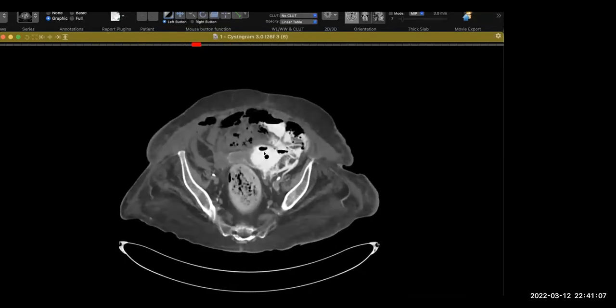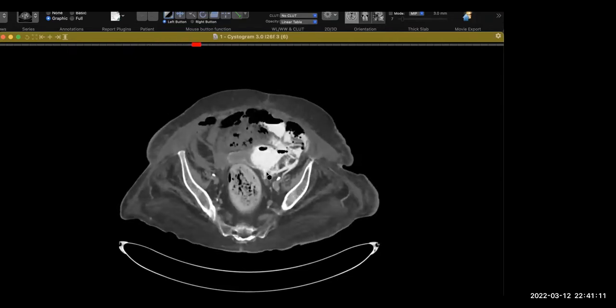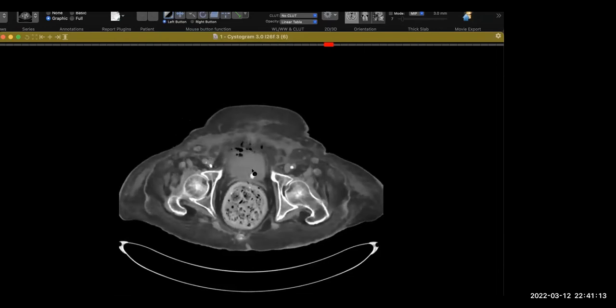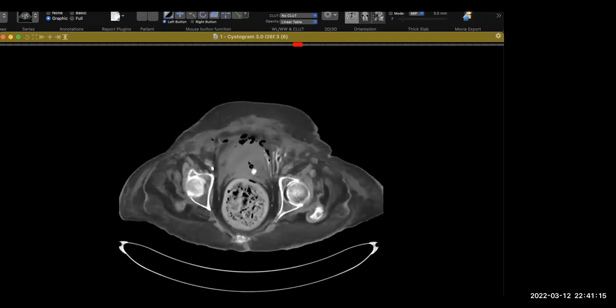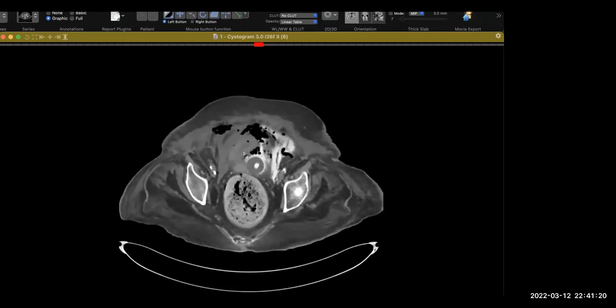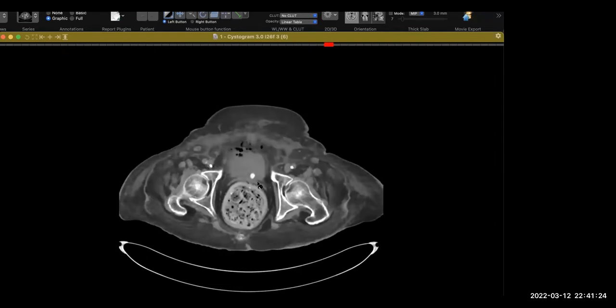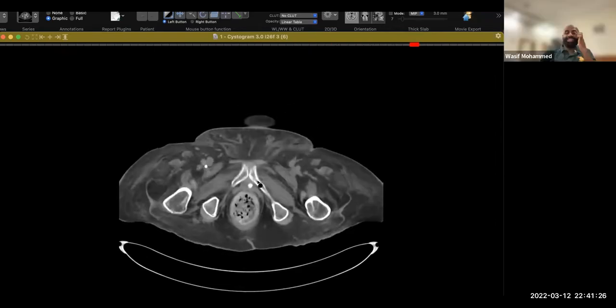Where's the uterus? Just one minute. I think this part which is having the fluid could be the uterus, or this is bowel. Okay, that's fine. You got the diagnosis.